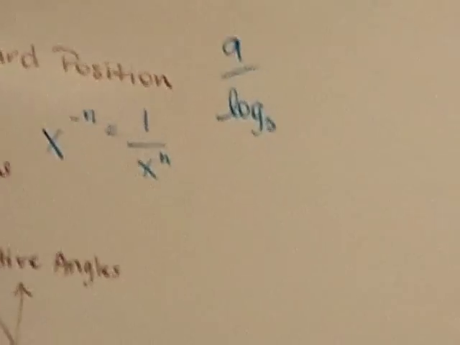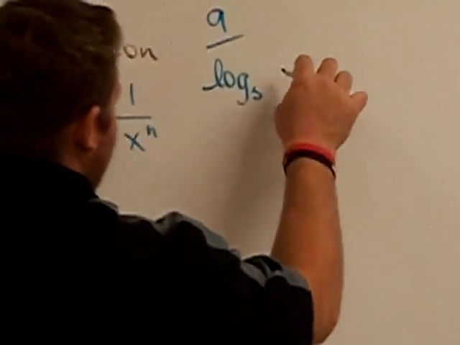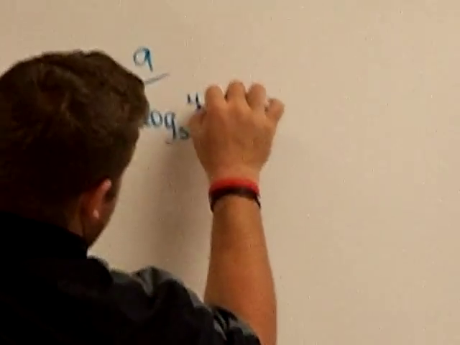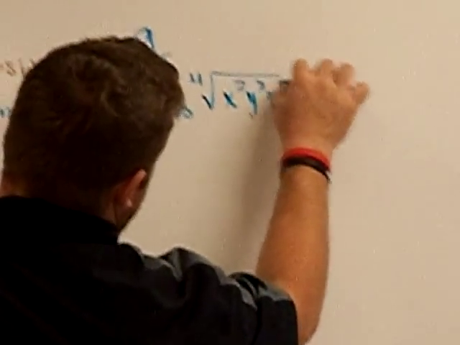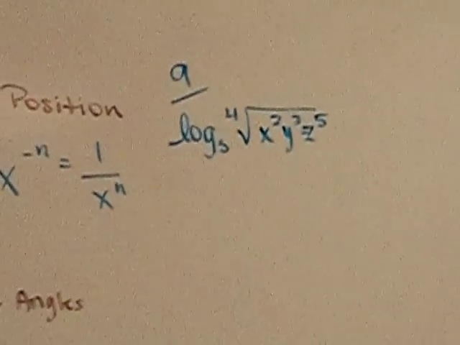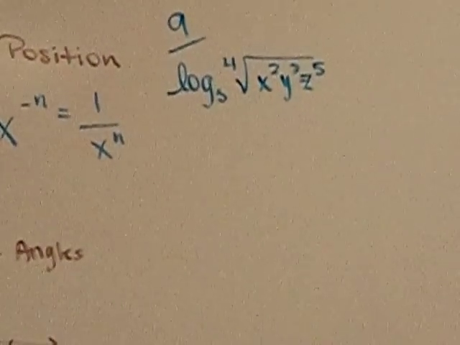All right, number 9. We've got log base 3 of the 4th root of x squared y cubed z to the 5th. All right, now, do we not say we're going to take this radical and put it in terms of a rational exponent?